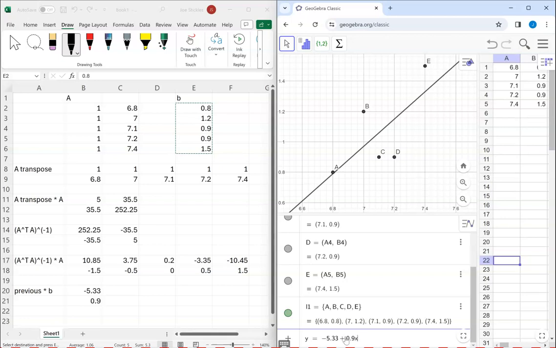I just wanted to put it in GeoGebra so you could see what the line looked like. You could also do it in Excel. If you create a scatter plot in Excel, you can click on the graph and then tell it to add a trend line. And then it'll also tell you what the coefficients are. You would get the same answer. So Excel will do it too.